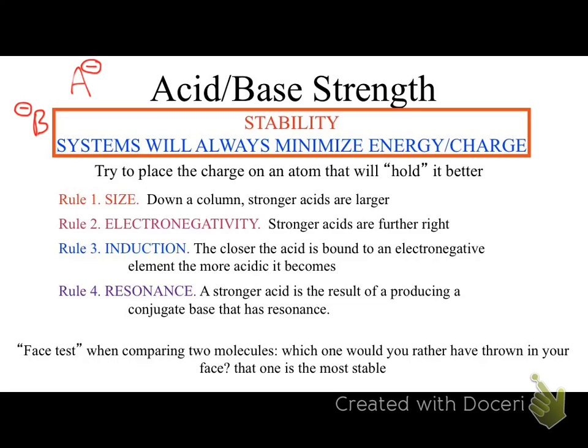This one's a little bit trickier to think about. Down a column, our stronger acids are larger. So what happens as we move down a column? What happens to the atomic size? Gets bigger. So why would that matter? Let's take a look at, say, HF versus HI.